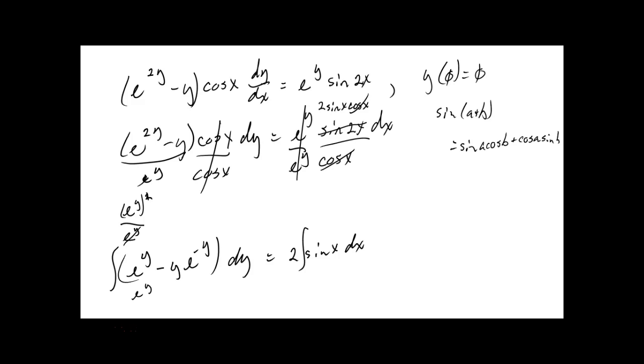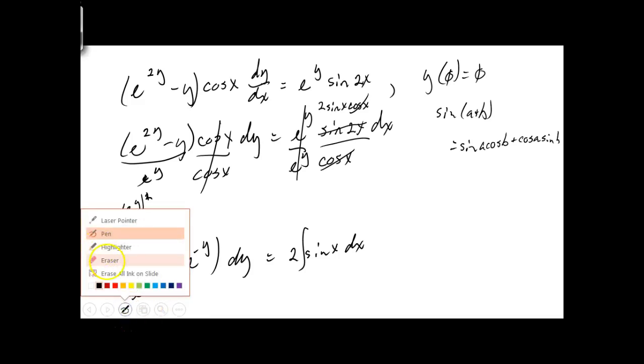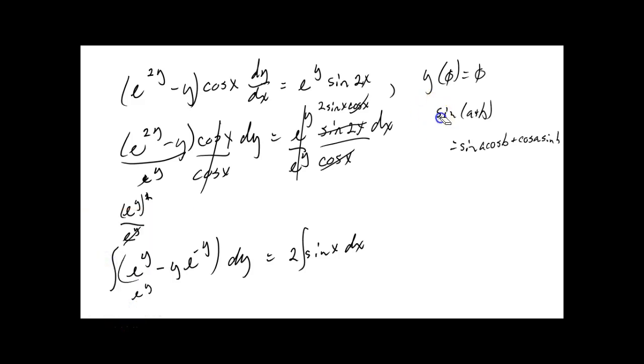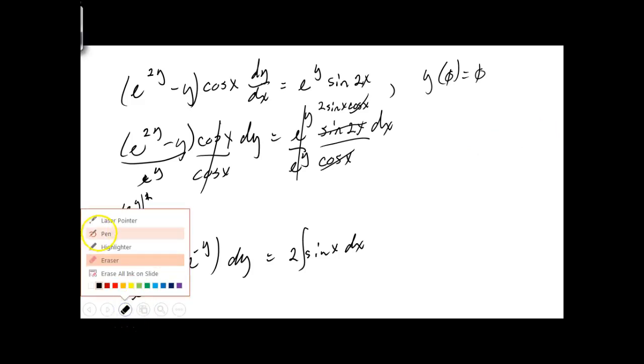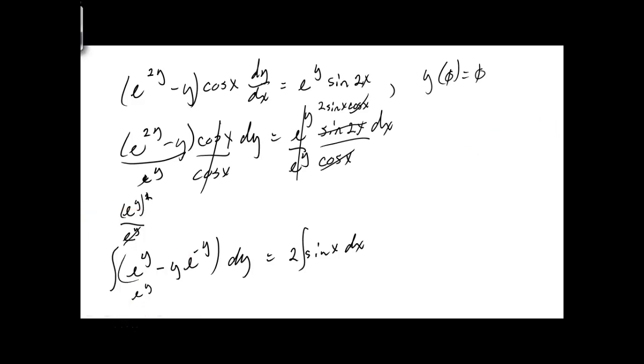Perfect. So let me come up here where I did my trig stuff and erase it, whether it's okay or not. Let's do integration by parts up here. Remember there's going to be a minus sign, so I'm going to pull that out. So let's do the integral of y e to the minus y dy. Now, how does integration by parts go?